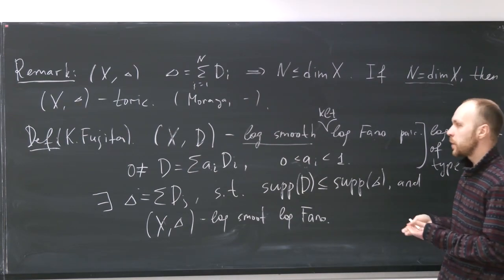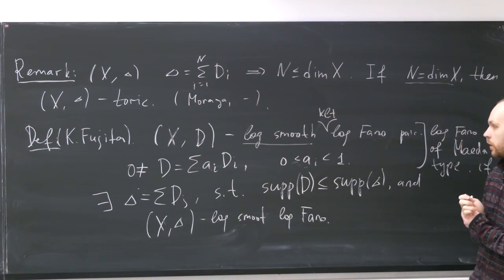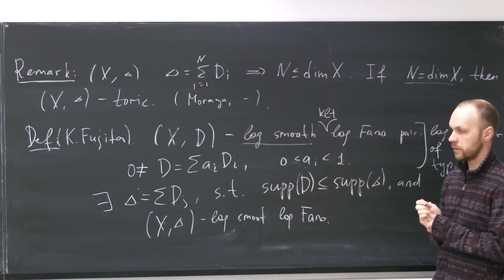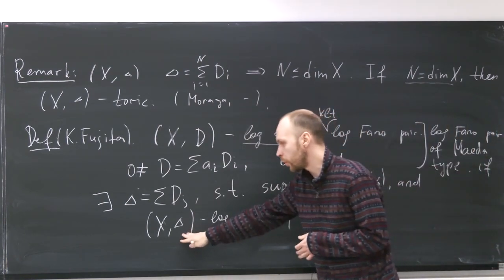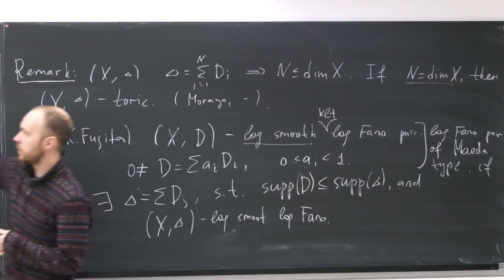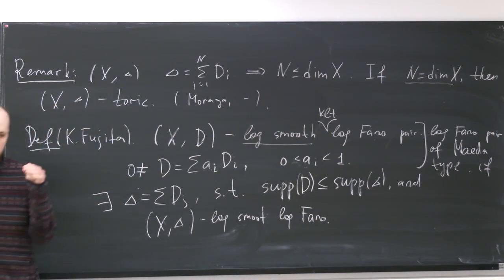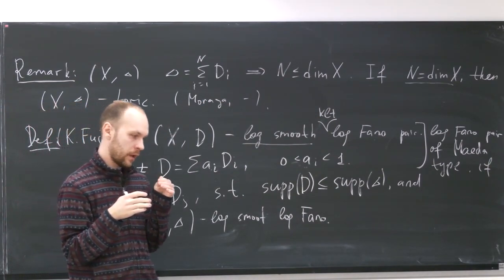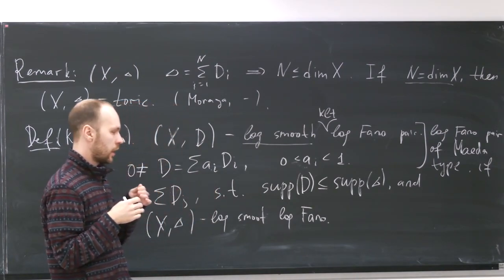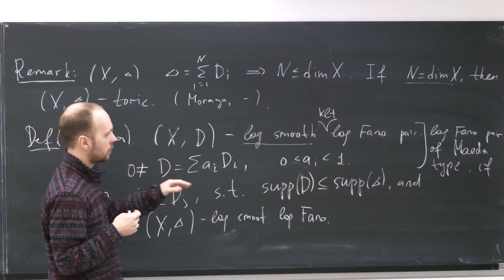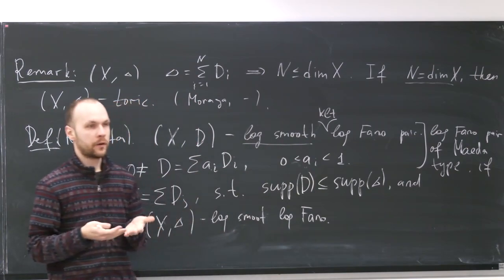Okay, so roughly speaking, a log Fano pair of Maeda type is the following thing. We start with the pair in this sense, and then we vary the coefficients of this pair such that we obtain a KLT log Fano pair.